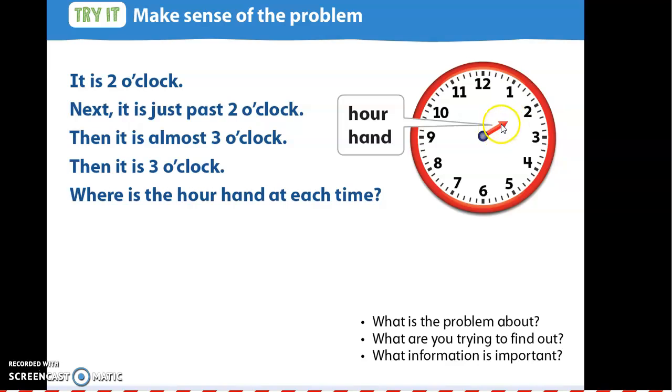So the hour hand is going to move much slower, but sometimes it'll be in between these two numbers. Okay? When it's just past the o'clock time, it's going to be in between these two numbers, and it's important to remember that the time is always back one. If it's in between two numbers, the hour is always back.